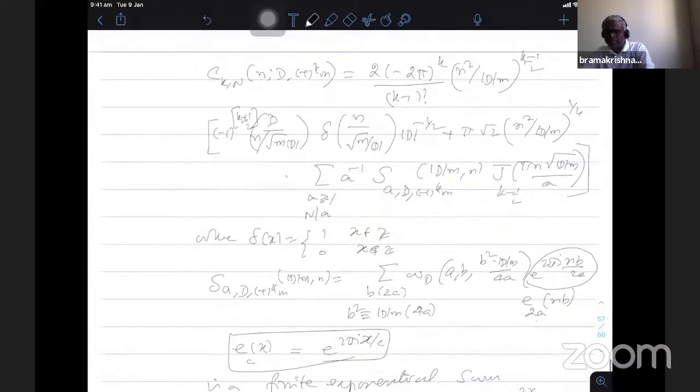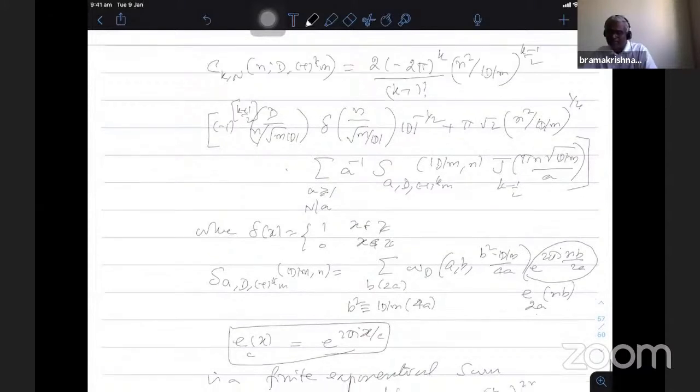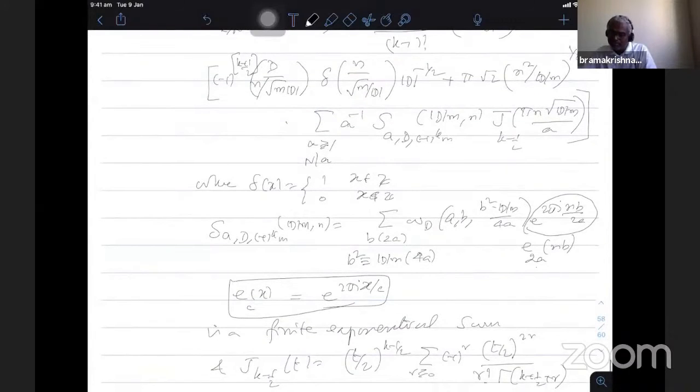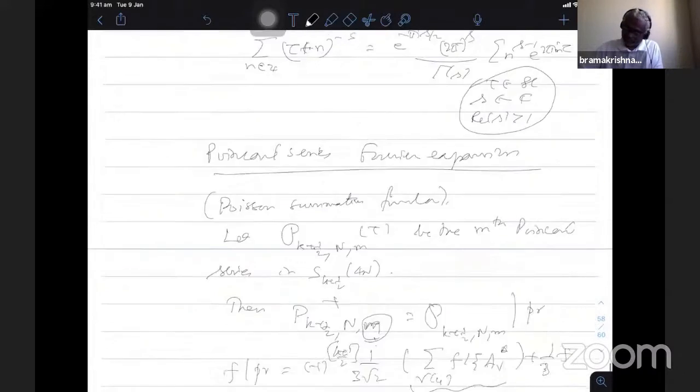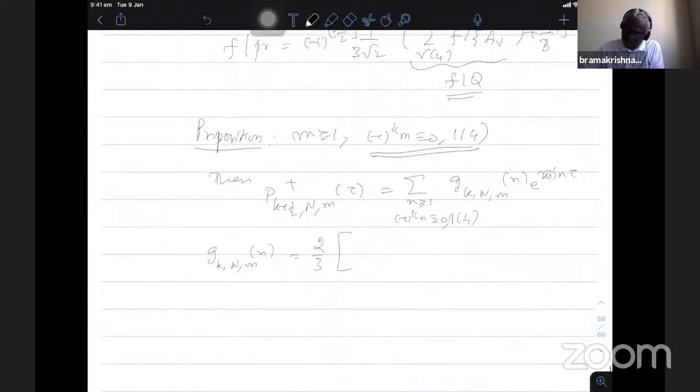One is again the Kronecker delta δ_{m,n}, which is 0 unless they are equal. The second one involves a Kloosterman type sum along with the Bessel function of order k minus half. So therefore the matching can be easily compared, modulo all these things. So we just write down this δ_{m,n}. This term is 1 when m equals n, otherwise 0.